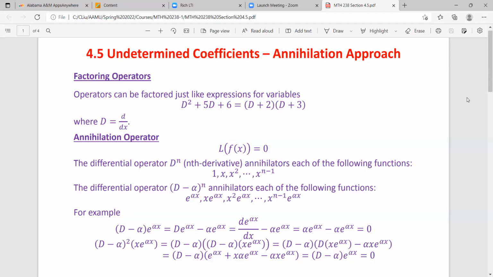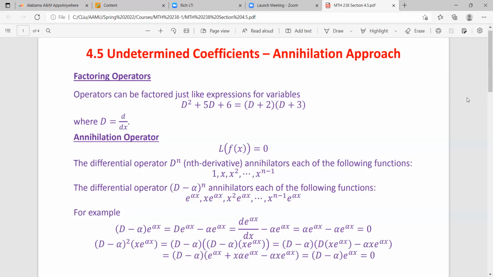Similarly, when you apply D minus alpha squared on x times e to the alpha x, this time you just apply D minus alpha twice. Okay, do it one by one. So let's just apply D minus alpha on x e to the alpha x, and you have to use the product rule in this case.